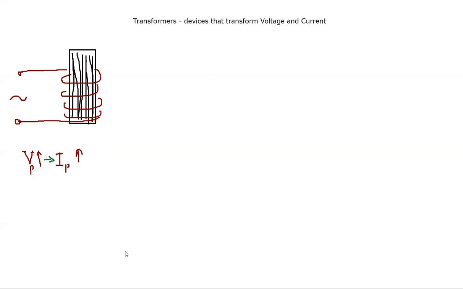Now, what does that lead to? If we're increasing the current in the coil, the next stage. I'm listening, reading your responses. If you increase the current in this coil, what happens next?